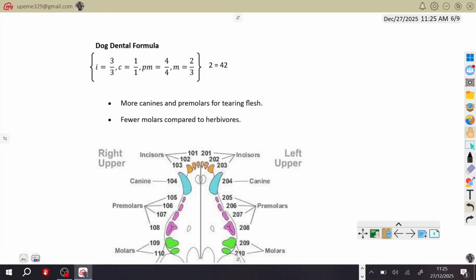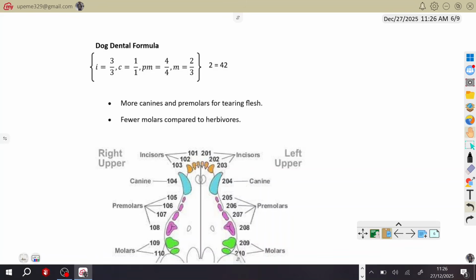So you will discover that here it has more canines. Why? More canines and premolars for tearing flesh. So it has fewer molars compared to herbivores.